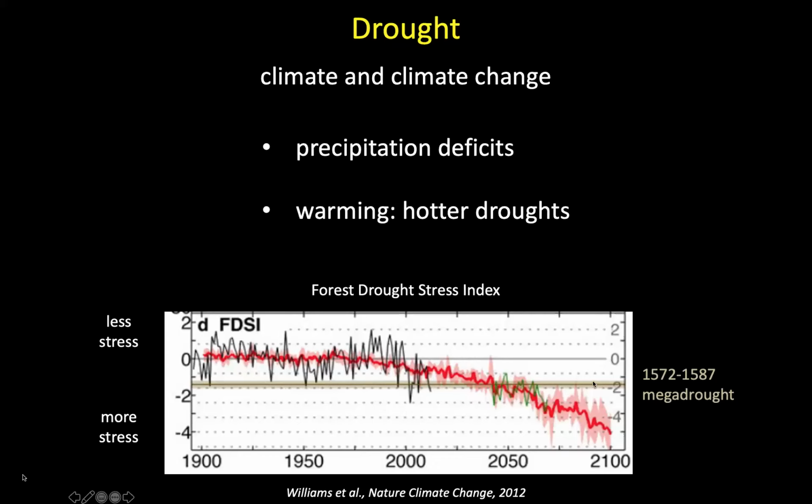And also you can see for context the beige line, which is the FDSI value for the late 1500s mega drought, which was an important ecosystem disturbance in the Southwest. So pretty important impacts in terms of drought in the future. This is for the Southwest, but is likely applicable to the lower elevation, drier ecosystems of the Northwest as well.